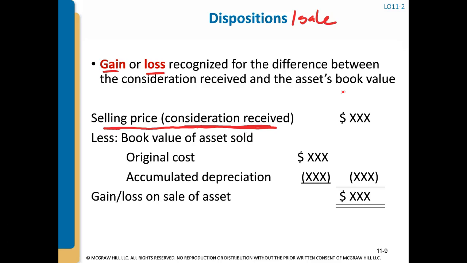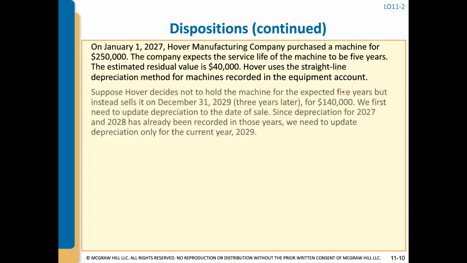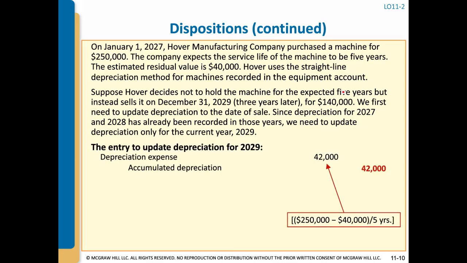So here you can see there's going to be a selling price less the original cost of the asset minus its accumulated depreciation. This is the book value, and the difference between your selling price and the book value will equal either a gain or loss on that sale. So let's go through this example.